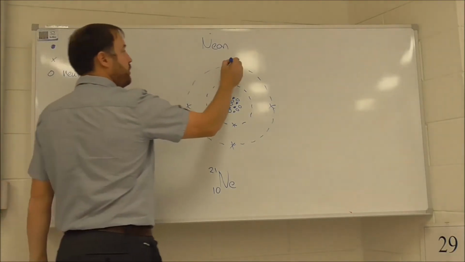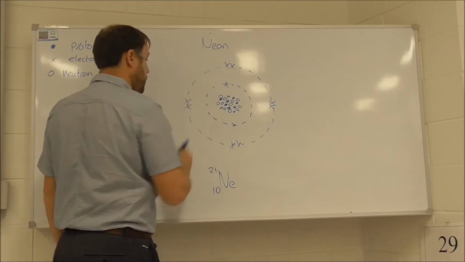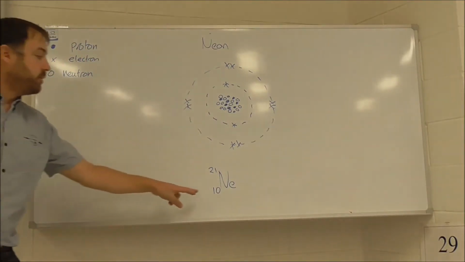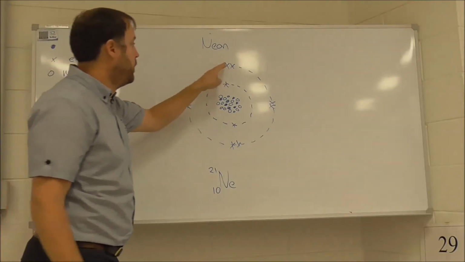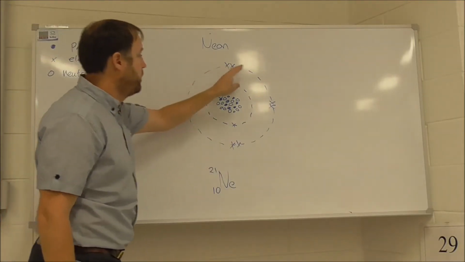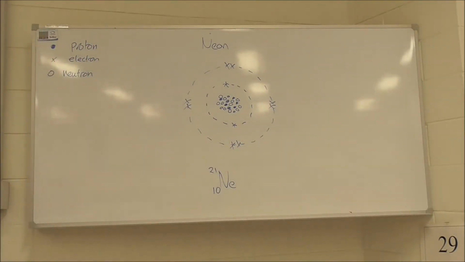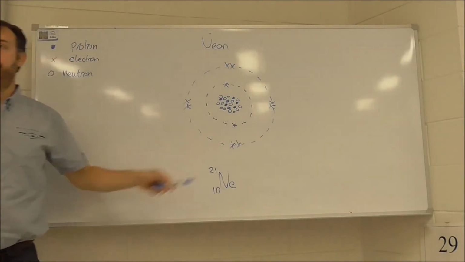And then I'm going to do the same again until I reach the number of electrons to make up the neutral atom. So in this case, we're going to have 10 electrons in total. 1, 2, 3, 4, 5, 6, 7, 8, 9, 10. There's my last one. And that is a full shell.